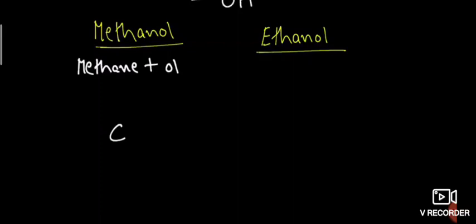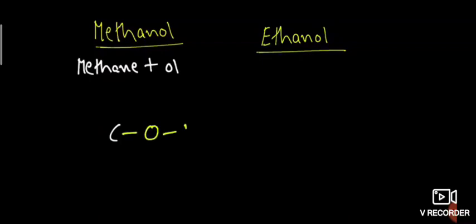Methane means you know that it contains one carbon. So on all four sides, hydrogen should be there. Now what are you going to do? You are removing one hydrogen and you are adding OH. This OH is the functional group, and it is also known as a heteroatom. The remaining sides have hydrogen.